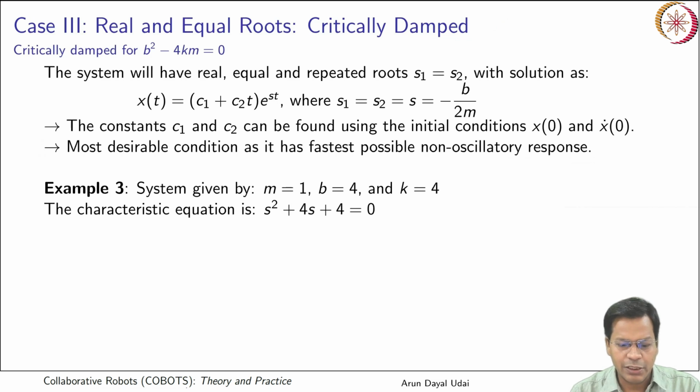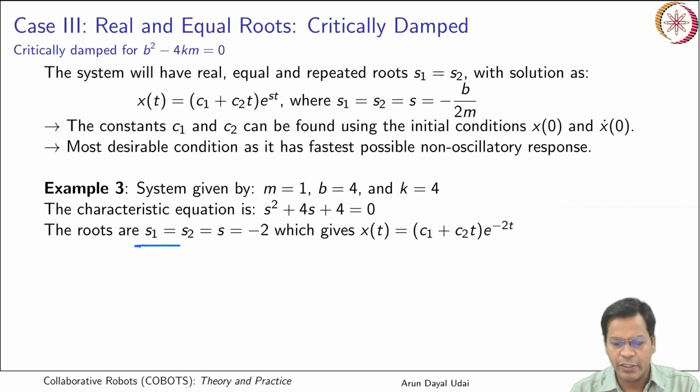And let us just start with one example once again. So this is m equal to 1, b equal to 4, k equal to 4. Your characteristic equation is like this. Now see the roots. Roots are equal, that is minus 2. And I have made my time domain solution.